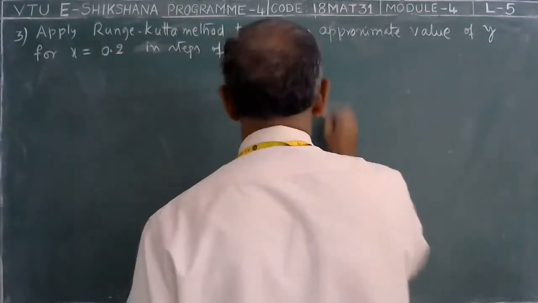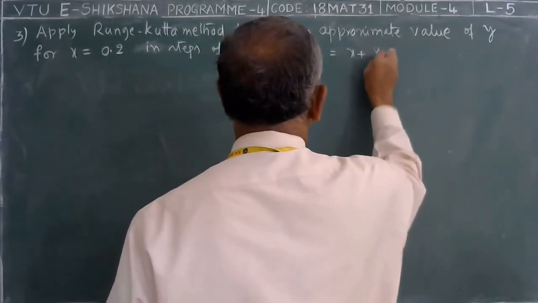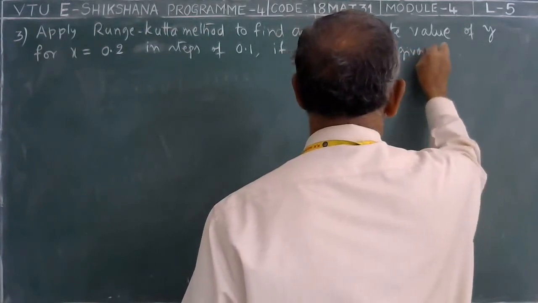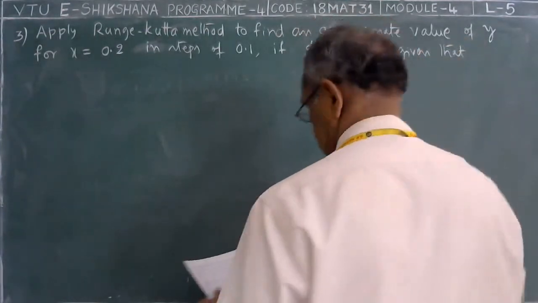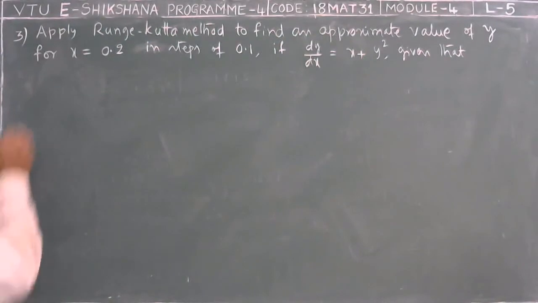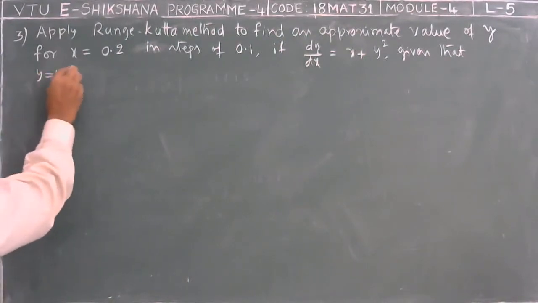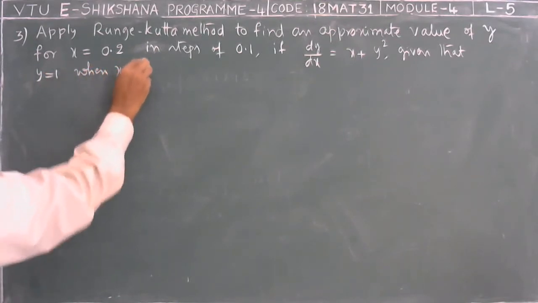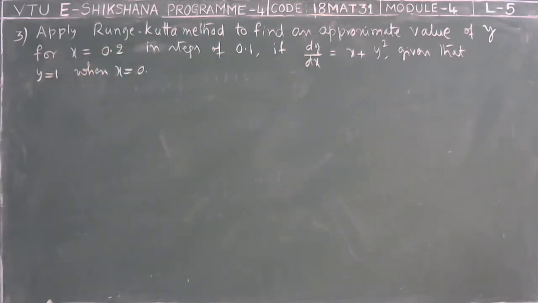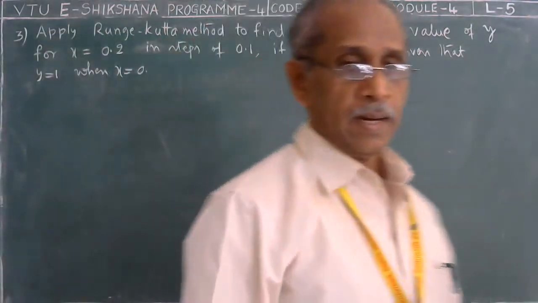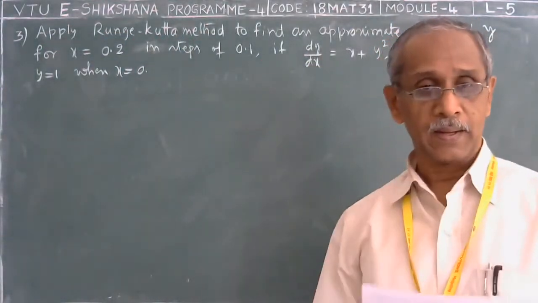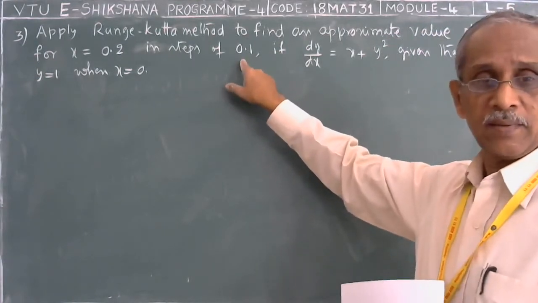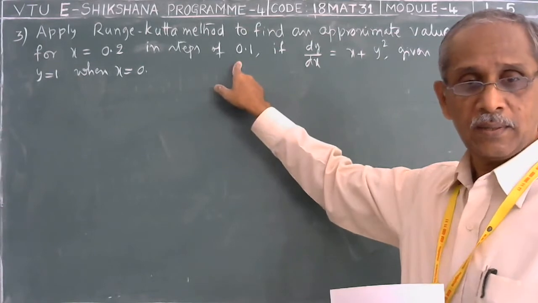dy by dx is equal to x plus y square, given that y is equal to 1 when x is equal to 0. So in steps of 0.1, h is given to be 0.1.